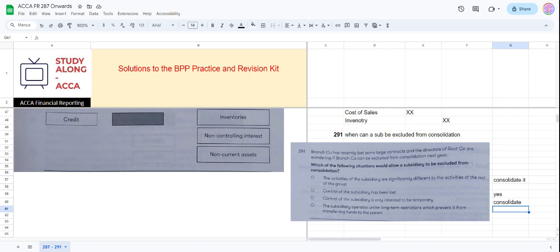Even if the subsidiary is not able to transfer the funds to the parent, still you will consolidate it. So only if you have lost control will you not consolidate it. So our answer will be the second one. 291, second one.